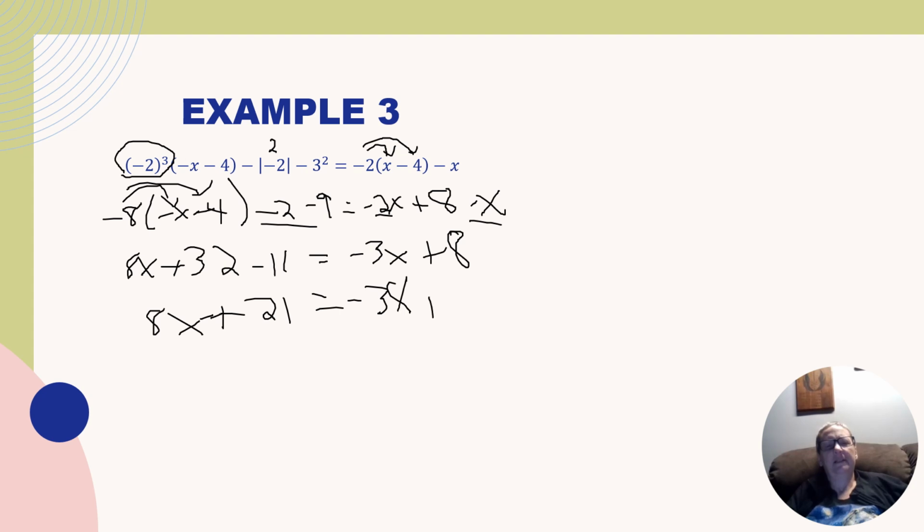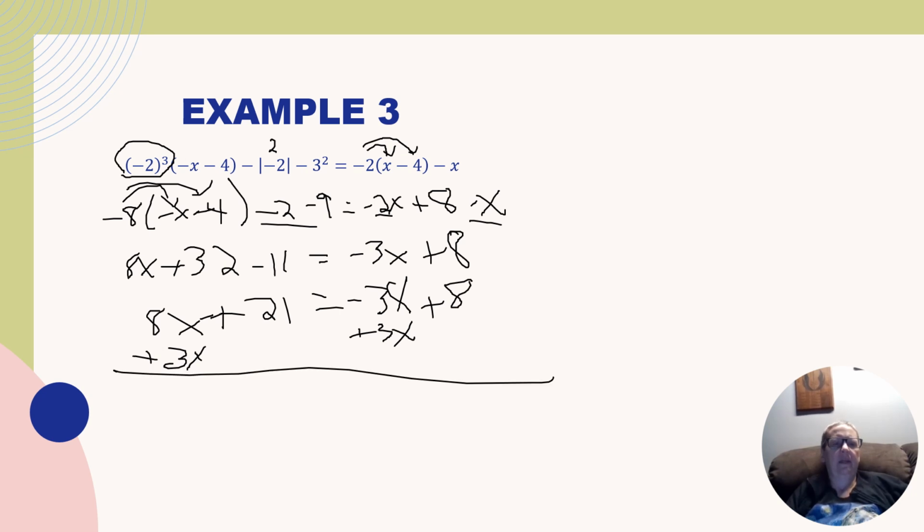Oops, that's an x. Then I will go ahead and move my letter terms. So this time I'm going to move them to the left because there's more on the left. So I'll add 3x to both sides. That gives me 11x plus 21 equals 8.